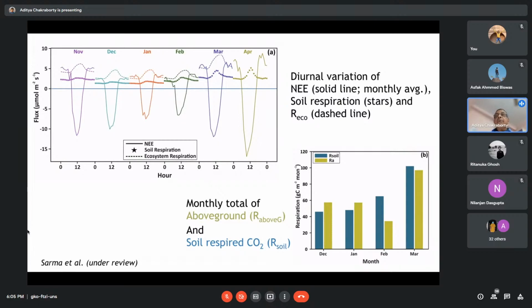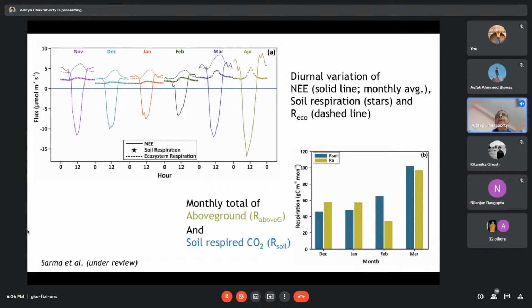But whatever data we have is very significant, and it shows that soil respiration plays a very important role in controlling the carbon dynamics of these systems. In simple words, CO2 respired by soil is relatively very high.